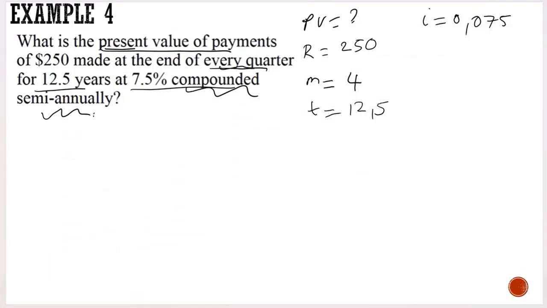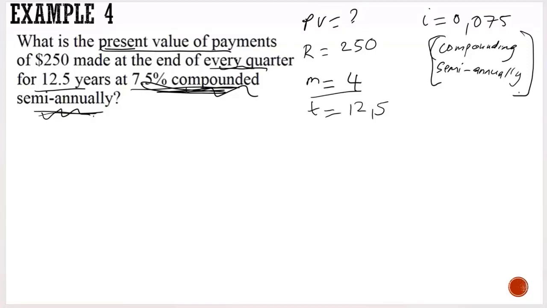So now it means you need to convert this semi-annual interest to become quarterly. I'll just write here, it is compounding semi-annually. There is a problem. We cannot have such. Everything must be compounding over similar periods. So now we've got a problem. If you've got a problem like that, you can convert this manually.